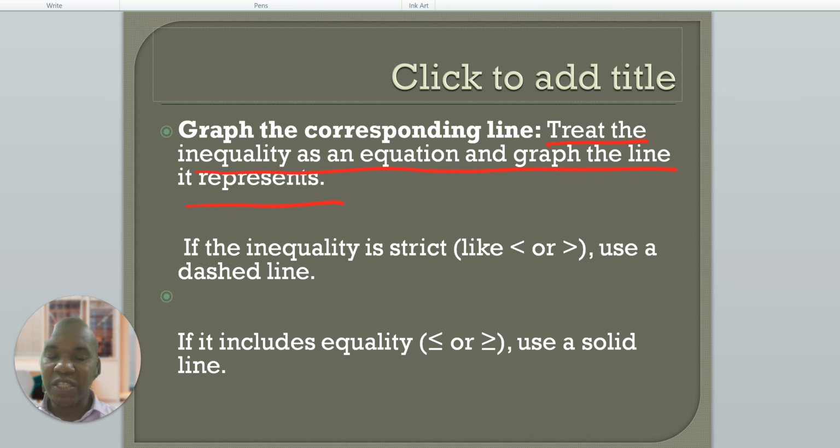But you understand that with inequality restrictions like this one here, you are going to use a dashed line. And if you have an inequality that includes equal to, meaning less than or equal to or greater than or equal to, you are going to use a solid line. So this is a dashed line and this is a solid line, dear students.